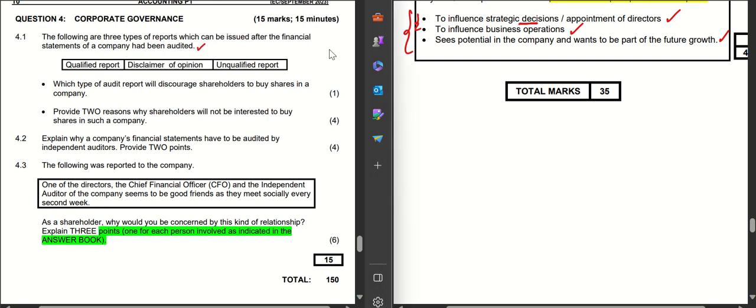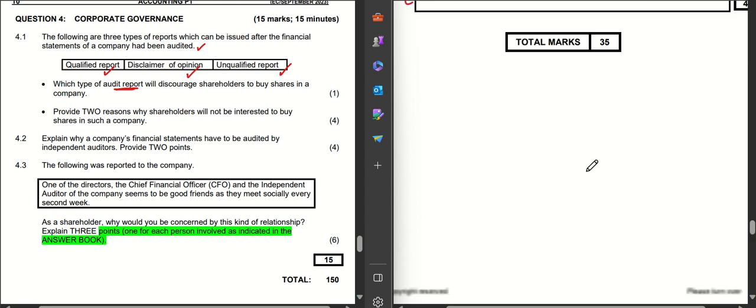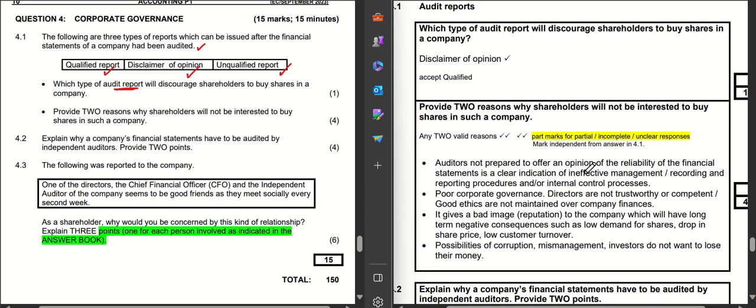So here we're talking auditing now. We have our qualified, our disclaimer, and our unqualified report. The first question says, which type of audit report will discourage shareholders to buy shares in a company? Here are the answers now. So the answer is the disclaimer.